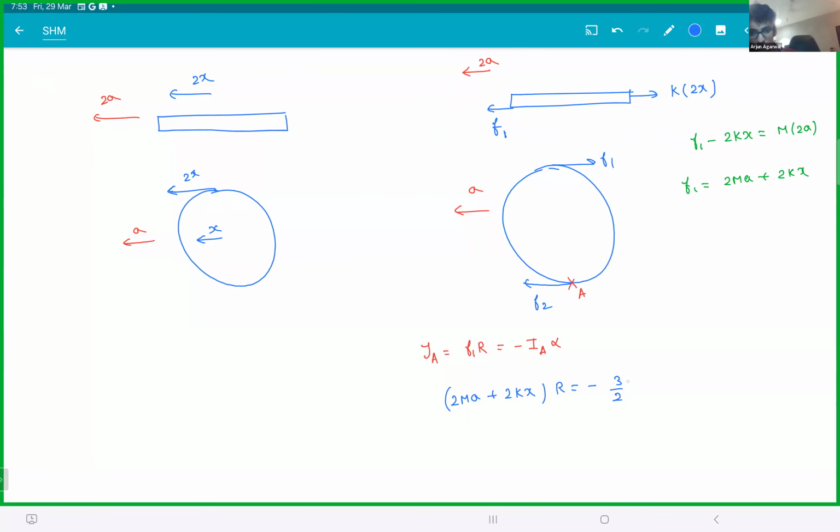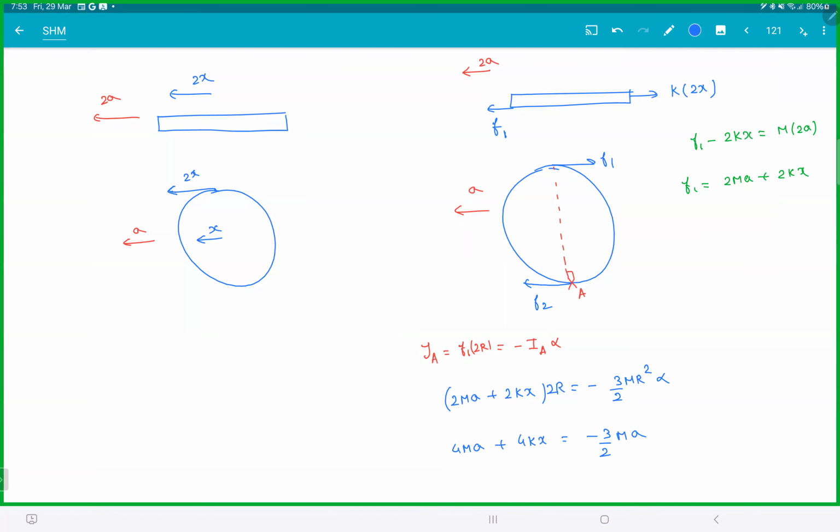The earlier one was 2R. Hmm, 3 by 2 mR square alpha. a is equal to R alpha. This guy would be 4ma plus 4kx, minus 3 by 2 ma.